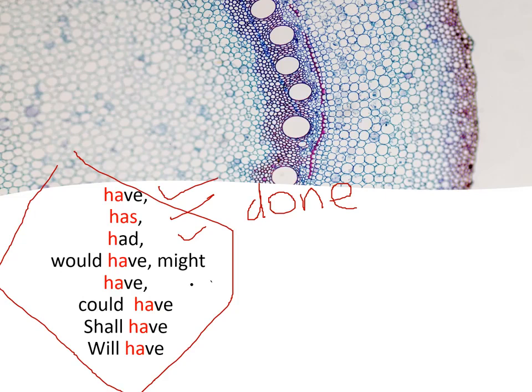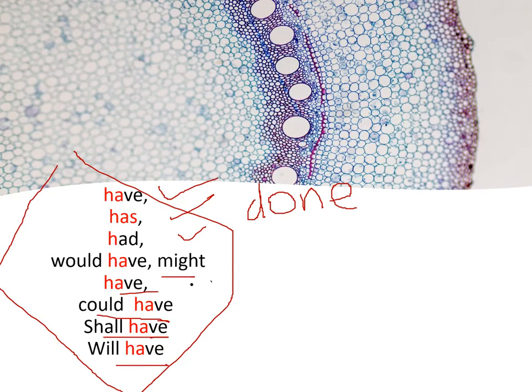Not only have, has, had, there are other words also, for example would have, might have, could have, shall have, will have. So after these words, you have to write the third form of the verb.